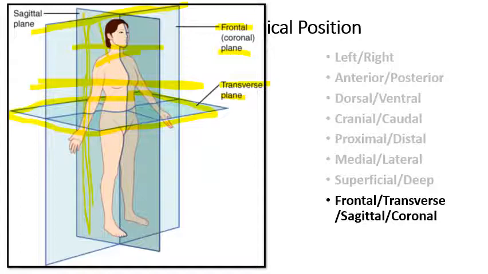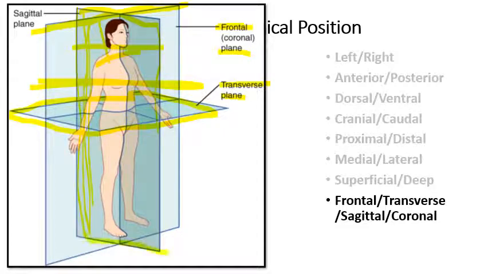So if you cut the body down the long axis from shoulder to shoulder, that's referred to as a frontal plane. Now, if you take your imaginary knife and you cut the body right down the middle, not from shoulder to shoulder, but straight down the middle, like this, it is called a sagittal plane or a sagittal cut.